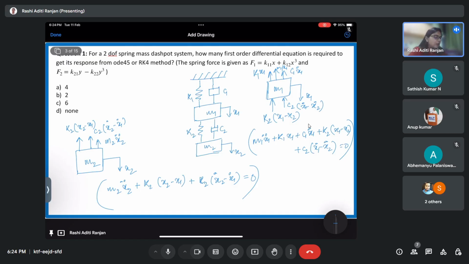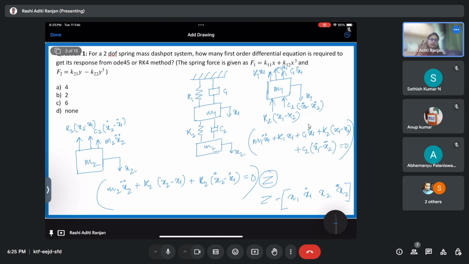I will assume that I have a variable z in MATLAB, or even in RK4 if I do it numerically by hand. Z is an array which constitutes my x1, x1 dot, x2, x2 dot, right? Because for x1 double dot and x2 double dot I already have an analytical equation.